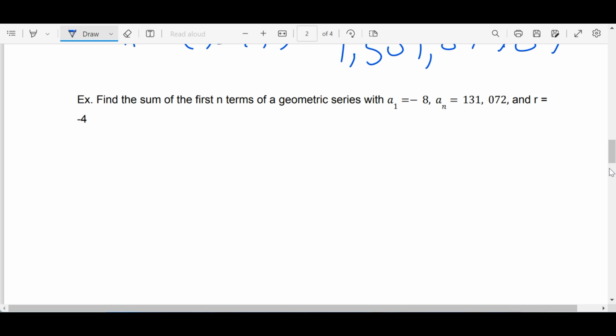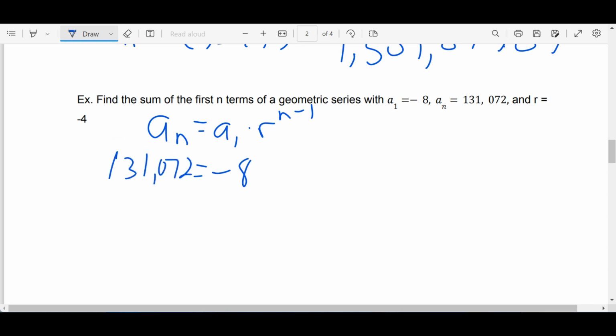So we're going to go back to the explicit formula in order to find out what n is. So let's write it down. There it is. A sub 1 is negative 8. A sub n is 131,072. And r is negative 4. I don't know what n is.